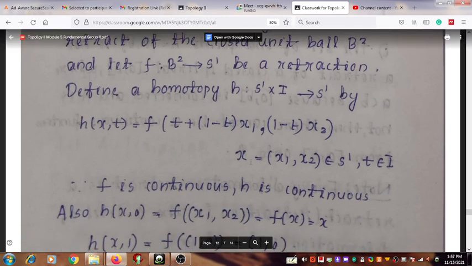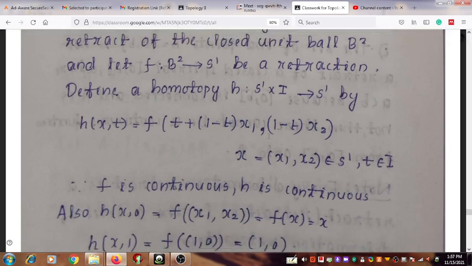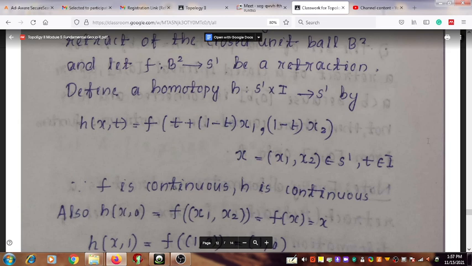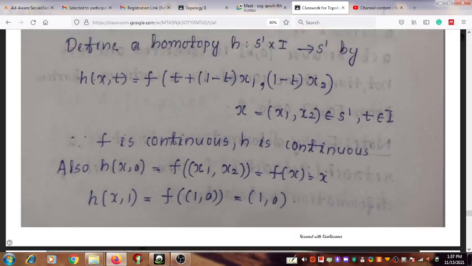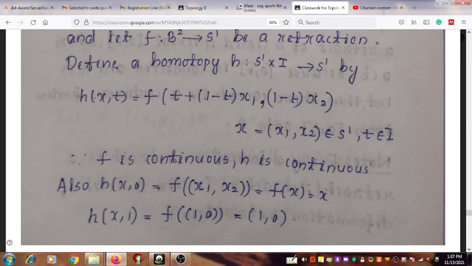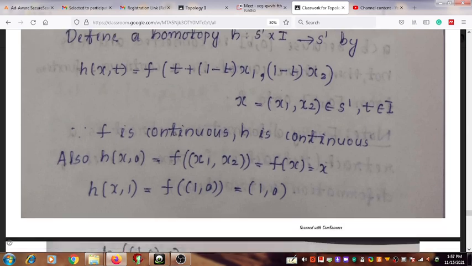This is defined corresponding to the point x = (x1, x2) belonging to S1, and t belongs to I. Since f is continuous, H must also be continuous. Now let's think about specific values of t.